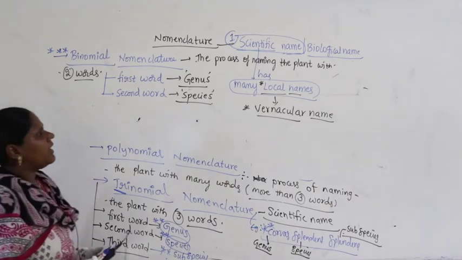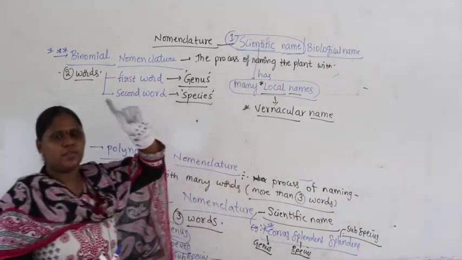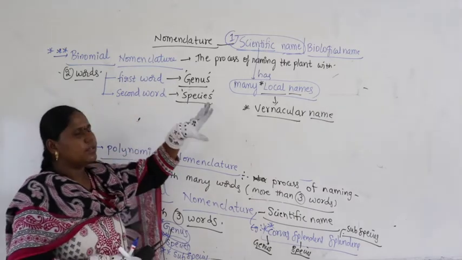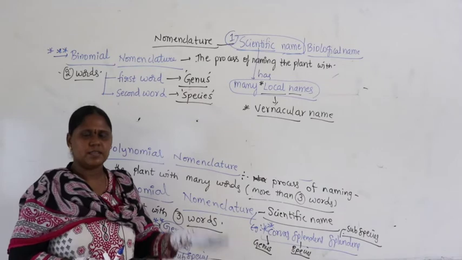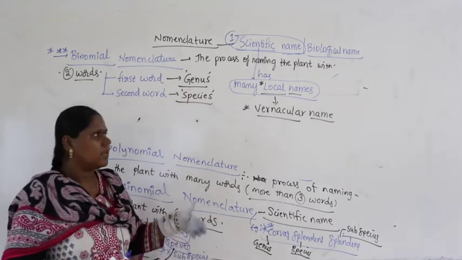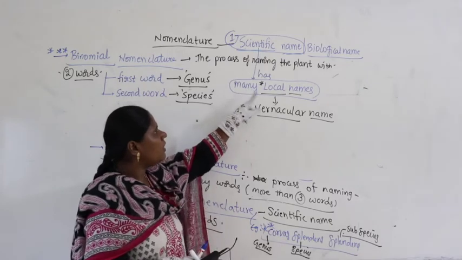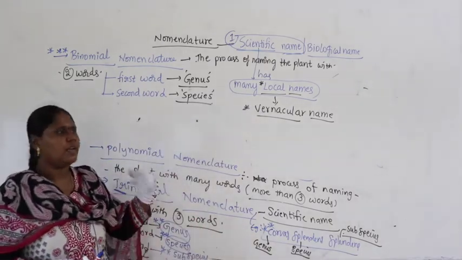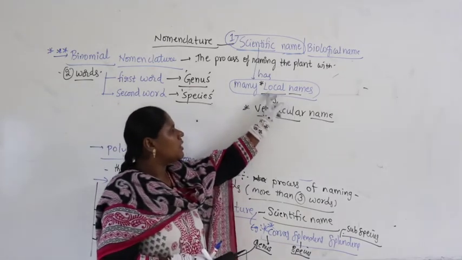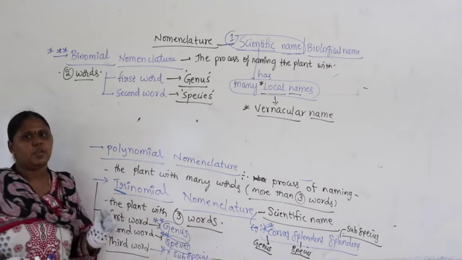Every organism has its own one scientific name. Across the world we follow only one scientific name, but in different places, in different states, in different countries, it may have its own local names. Local names itself is called a vernacular name, right.